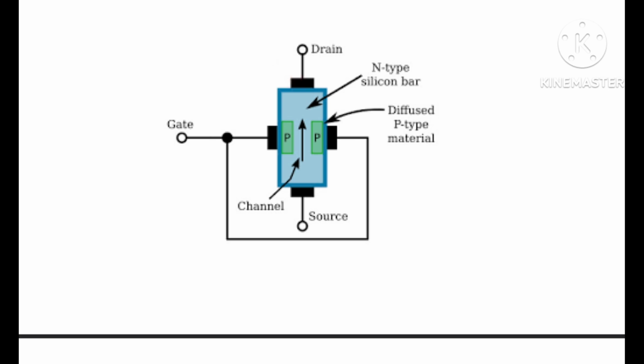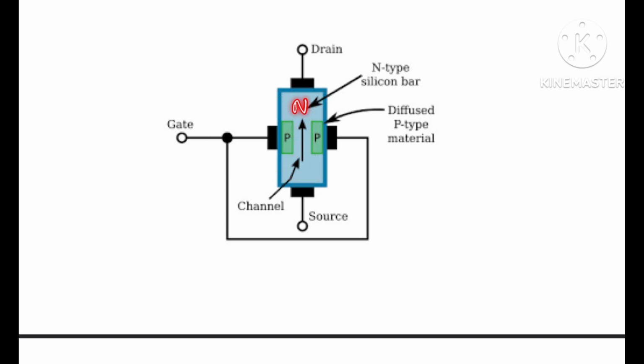This black thing is nothing but a metal contact point. This metal contact will help the current to be conducted through this channel which you can see here. This is an N-type channel.